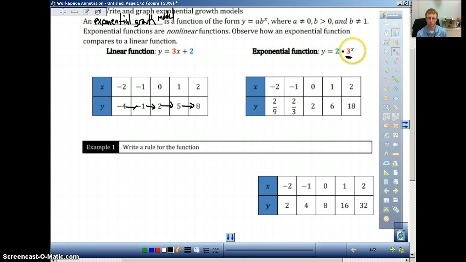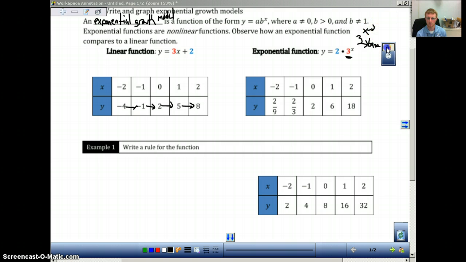Whatever you have raised to the exponent, wherever the exponent is, the base of that. So again, if I write 3 to the x power, this right here is the base, and this right here is the exponent. So therefore, whatever your base is, that is what you are multiplying by on your y value.